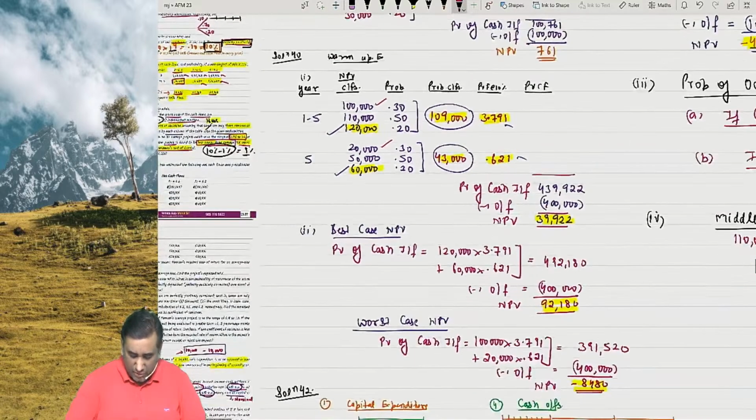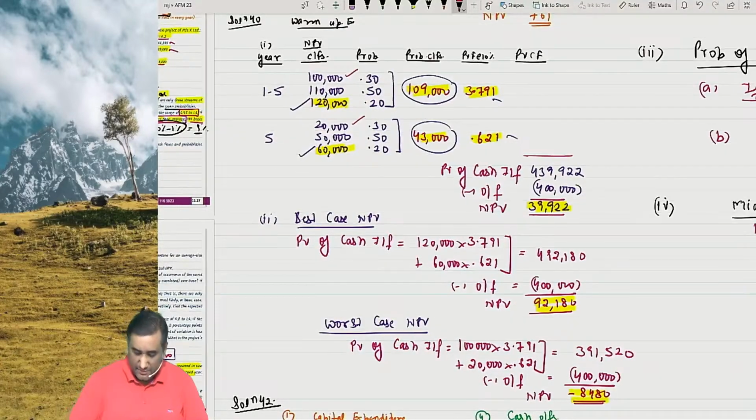Second and third case also I'll show you. Best case and the worst case.